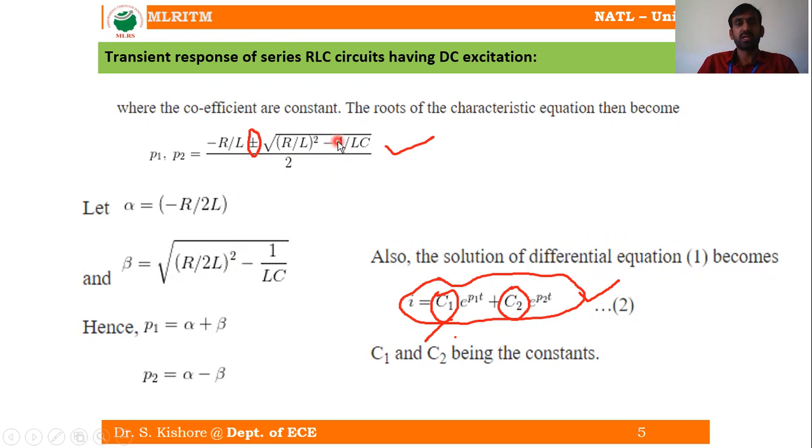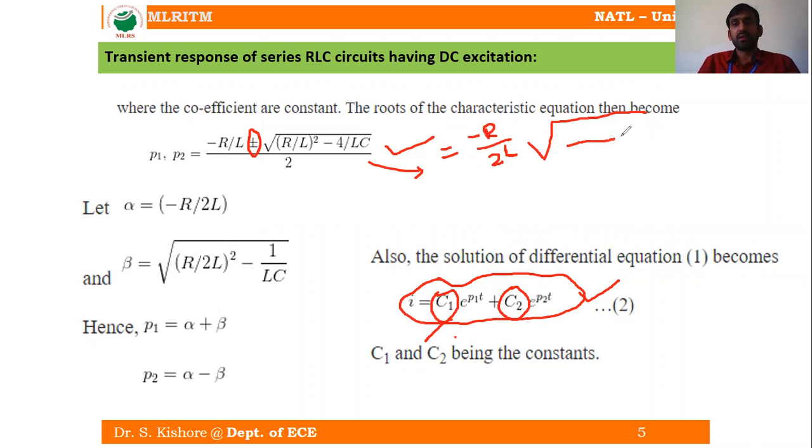If we send this towards the numerator side, for your convenience, I am writing one more equation for this, which is equal to minus R by 2L. If I send the 2 into the root, root over 4 is nothing but 2. So that's why I am sending this upwards.